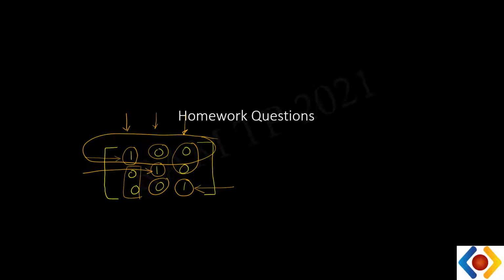See, my suggestion would be, if you are using row transformations, then you can use swapping between the rows. If you are using column transformations, you can use swapping between the columns, but don't try to mix both things, then you will go wrong. Okay, fine. Any other question before I move to the next part?